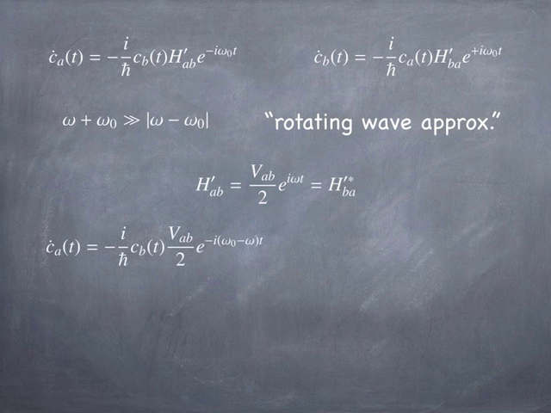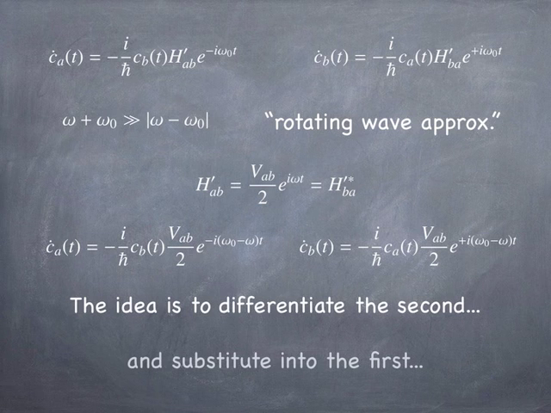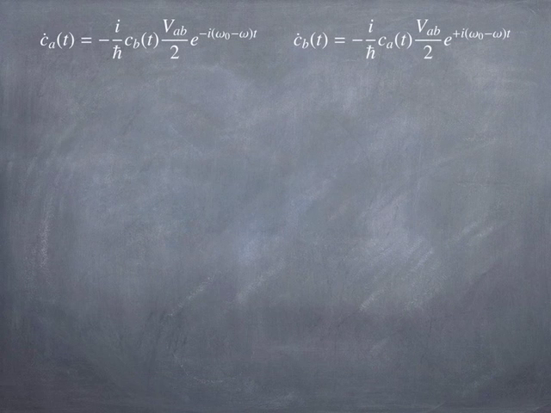So let's do it. We'll make that substitution, put in the perturbation, and I'll actually combine that in the exponential as a single exponential. What we're going to do is to differentiate the right-hand equation and substitute that into the left-hand equation, essentially. Let's go ahead and do it.